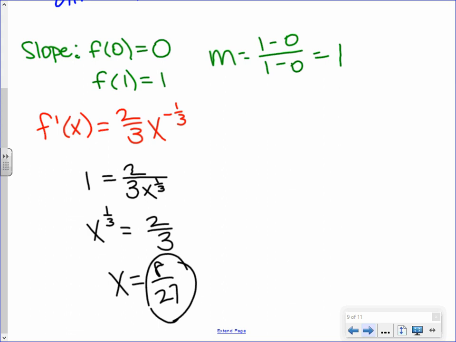Okay, I want you to have a discussion at your table. Do you think that Rolle's theorem was discovered first or the mean value theorem?